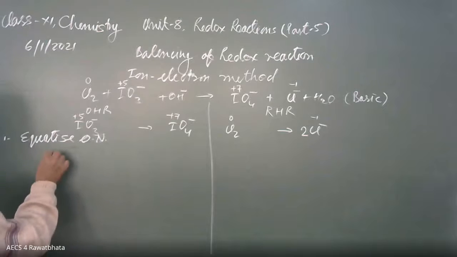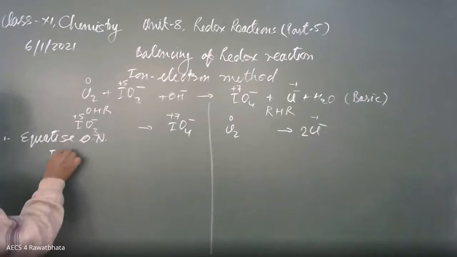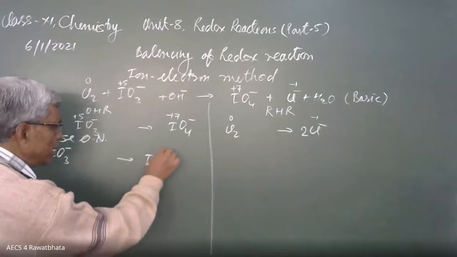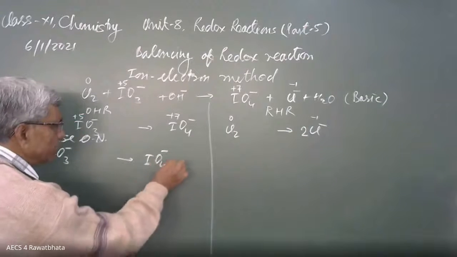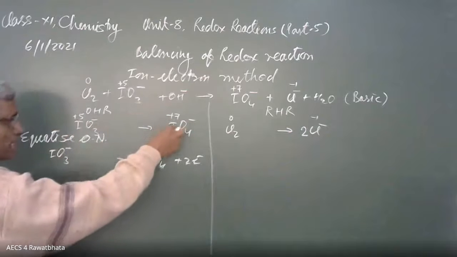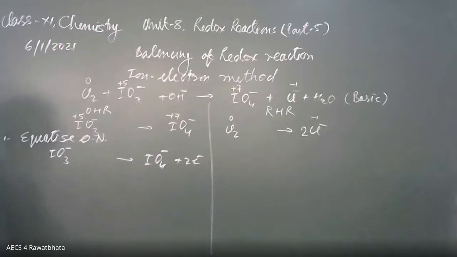Here is +5, IO3 minus going to change into IO4 minus plus 2 electrons. +5 going to change into +7 after losing 2 electrons.